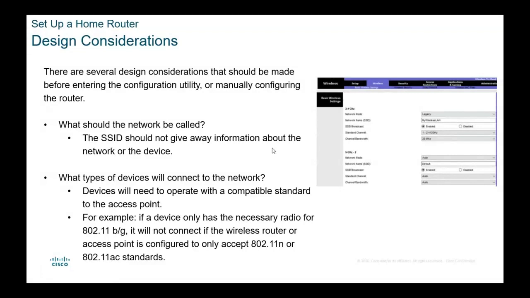What type of devices? The other thing you have to consider is what type of devices will be connected to the network. It's great when you have all brand new devices. You can just use the latest technology. I'll give you a situation. I had to go over to my mother-in-law's place.